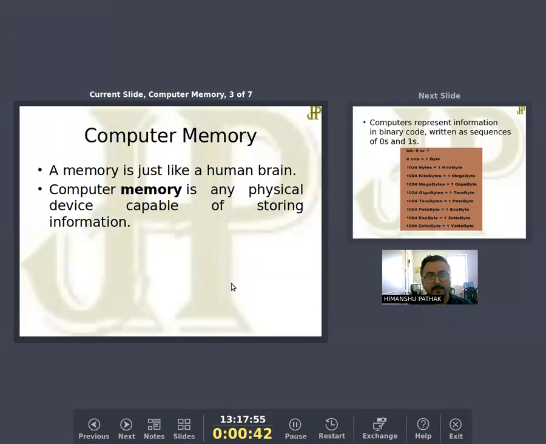As a layman, we can say that a memory is just like a human brain through which you are capable of storing data and information. That's it. If you want to keep some data, memory is just like a container where you keep that data. That's it.